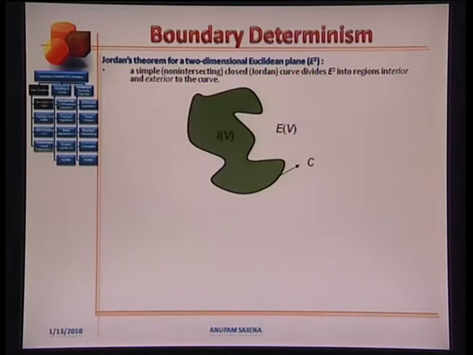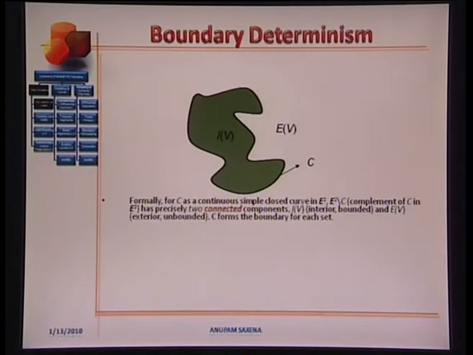Take this picture for instance. C is a simple, closed, non-self-intersecting curve. C is dividing a set of all points on this plane into two subsets. One is IV, which is interior to the curve, and the second is EV, which is exterior to the curve.